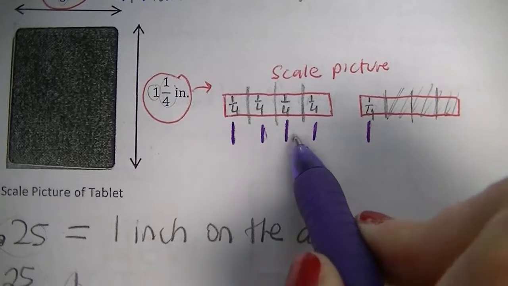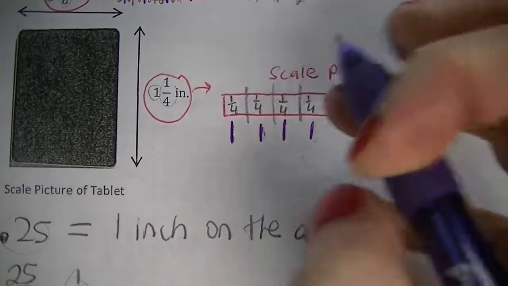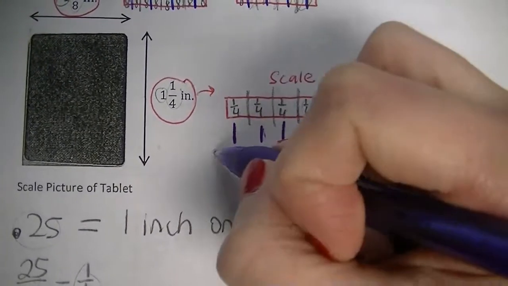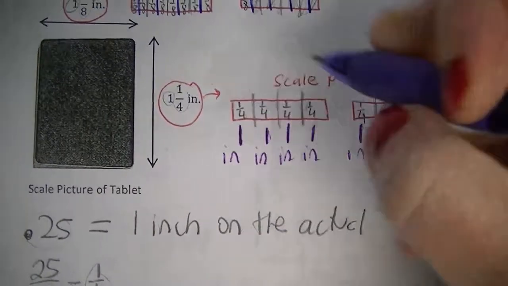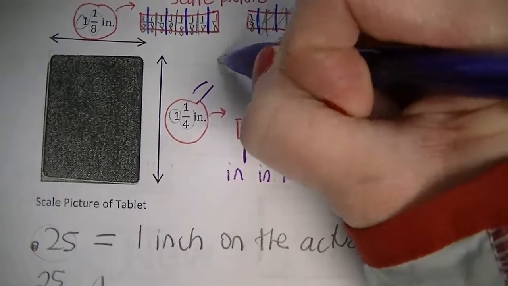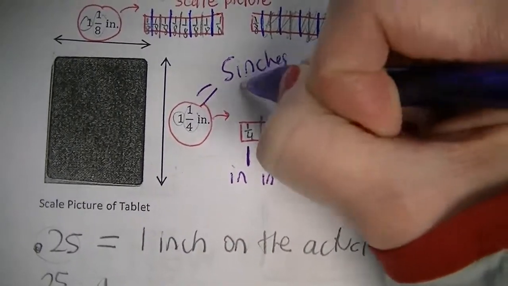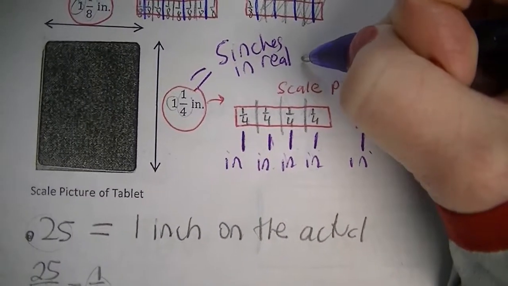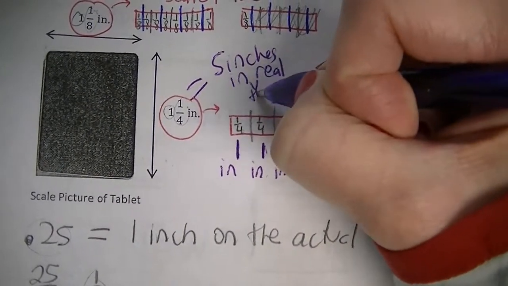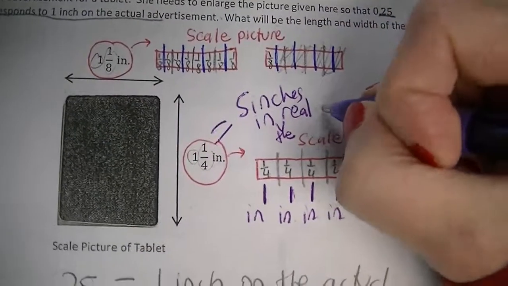So right here is 1, 2, 3, 4, 5. 5 inches on the real thing. I should label those inches. So this right here is 5 inches in the real advertisement.